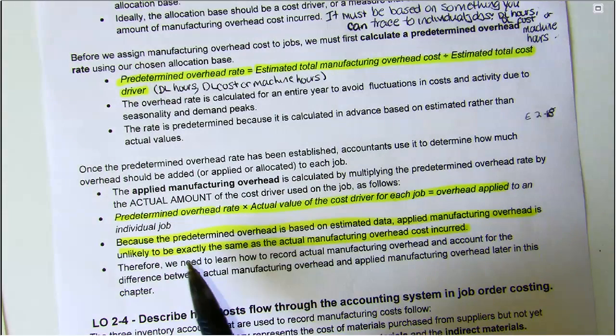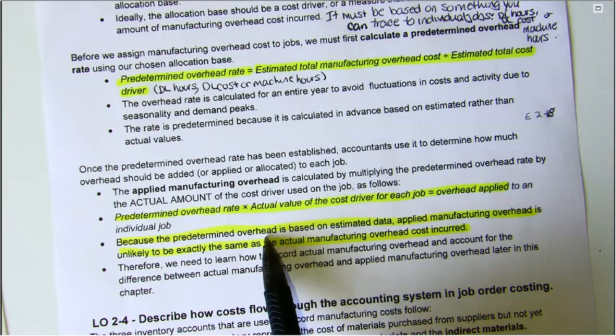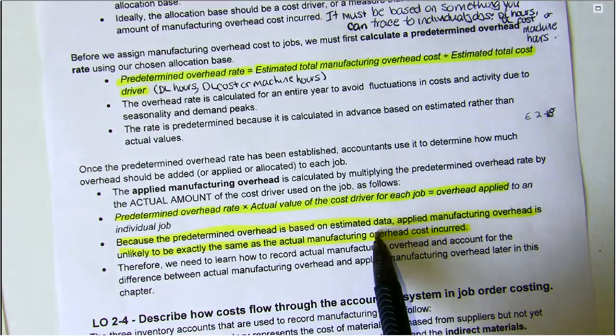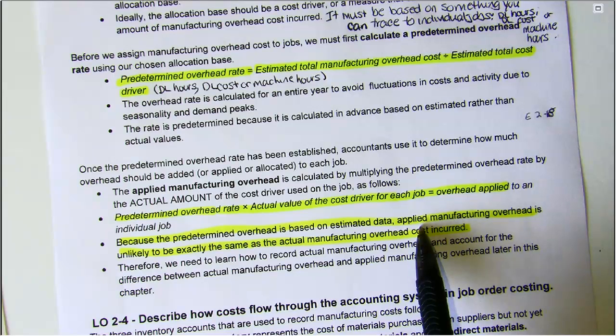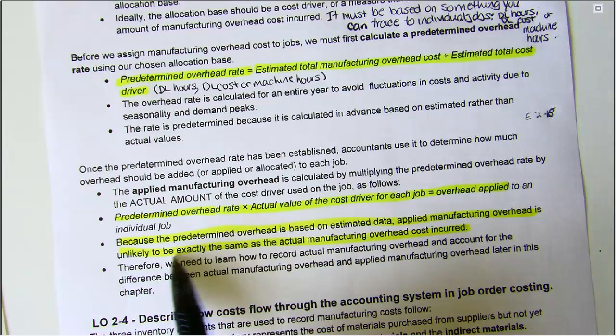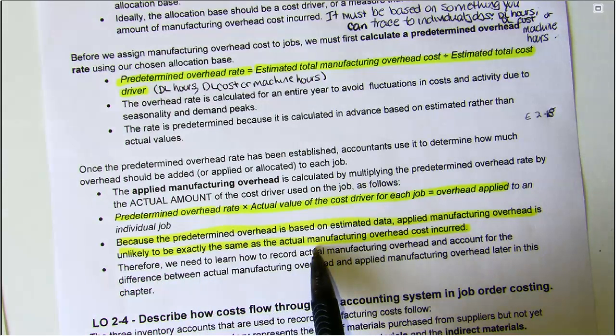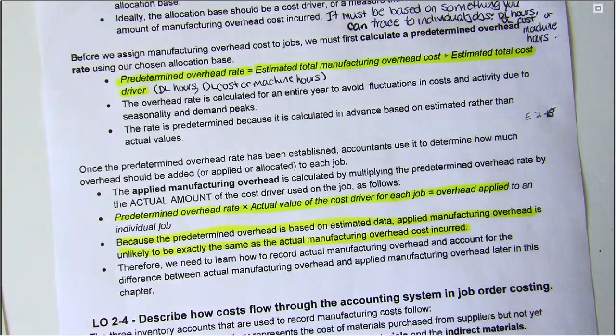Now keep in mind that because the predetermined overhead rate is based on estimated data, the applied manufacturing overhead is most likely not going to be the same as the actual manufacturing overhead cost incurred. We're going to be talking about that in Learning Outcome 2-5. But let's take a moment now to get a little practice.